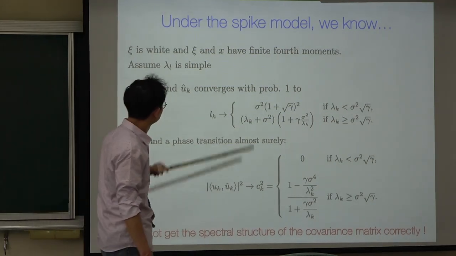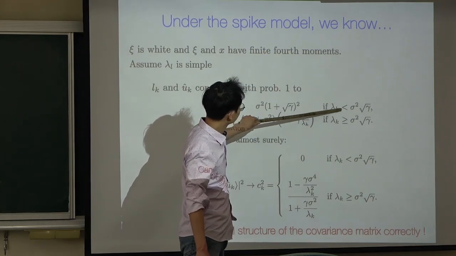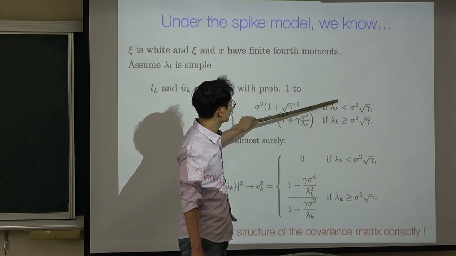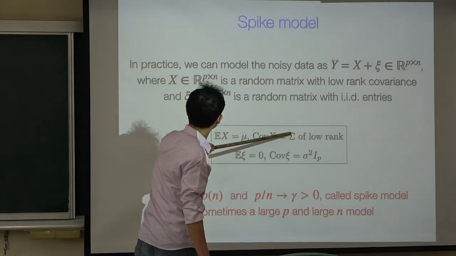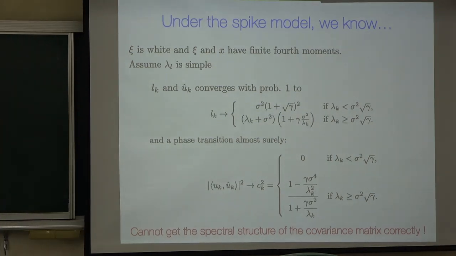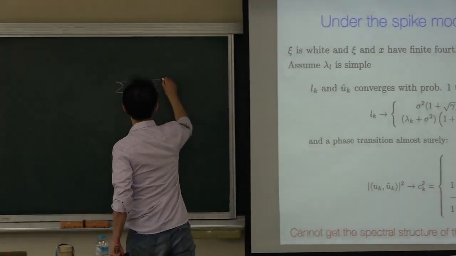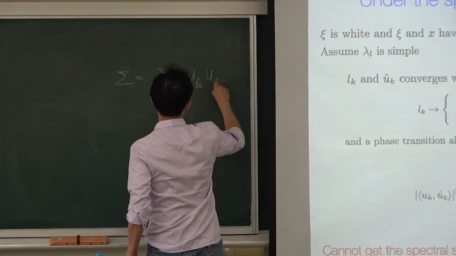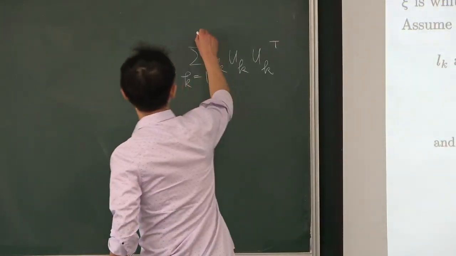And what does it tell you? It tells you about the eigenvalue lambda k of the covariance matrix we have interest in, that is this guy. I forgot to mention, I have to write sigma to be the summation of lambda k, u k, u k transpose, where k is from 1 to d, which is low rank.